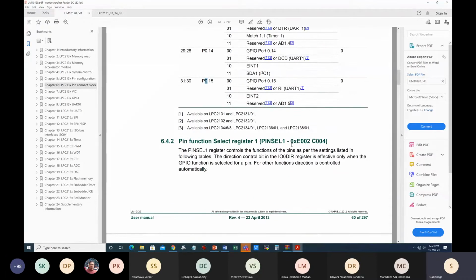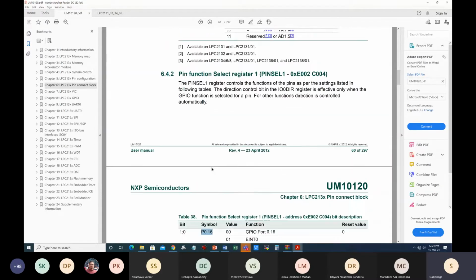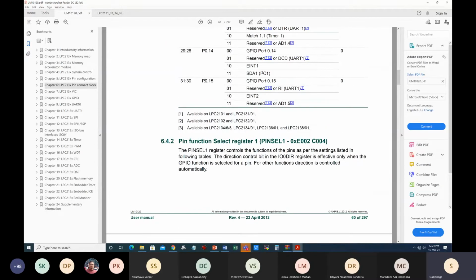And pin cell 1, if you look at it, has a slightly different address from pin cell 0, obviously. Continue reading this pin cell 1, you'll find it starts from port 0.16 onwards, whereas the previous one ended at port 0.15.